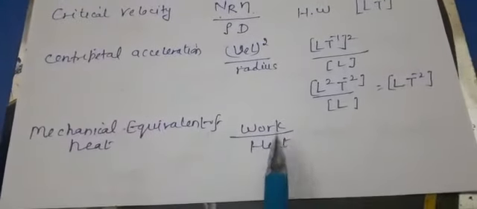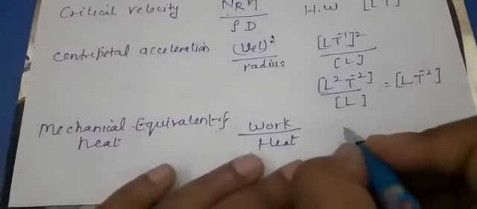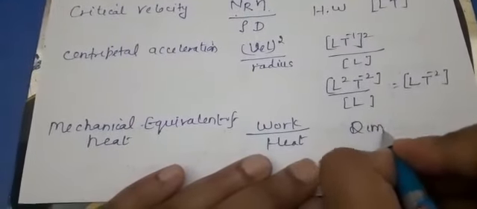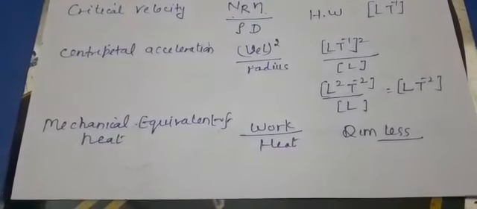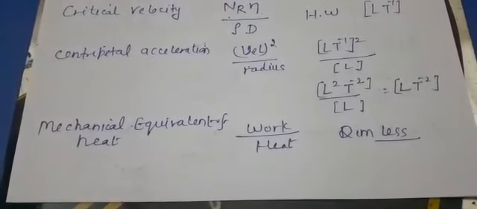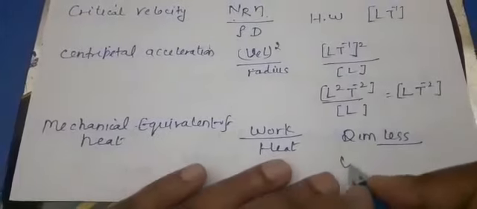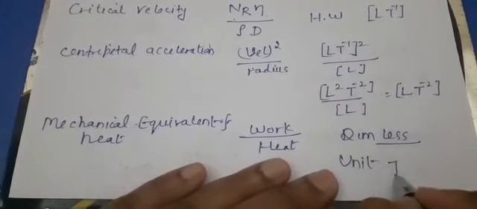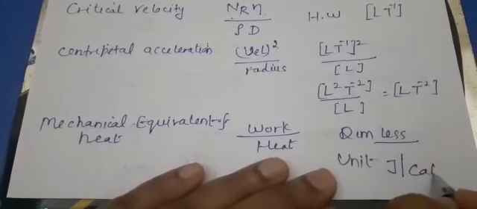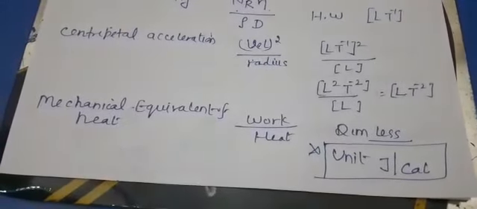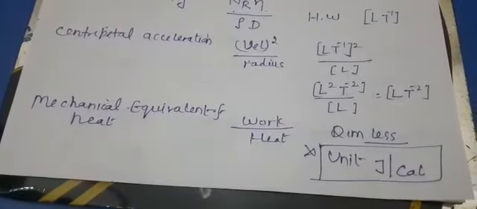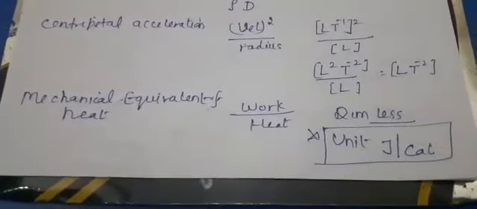The ratio of two like quantities, so again it is dimensionless. You can check it. This is again dimensionless, and it has the unit joule per calorie. This is a quantity which is dimensionless and having a unit.